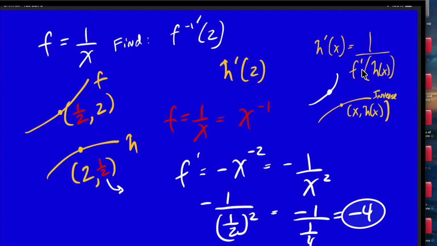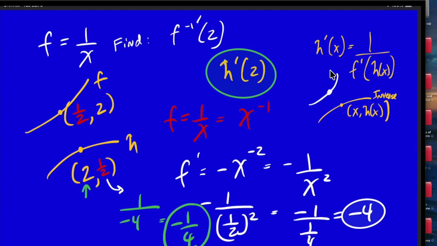Now, folks, that represents this denominator. So the final answer for what is the derivative of the inverse at x equals 2 is going to be 1 over negative 4, otherwise known as negative 1/4.